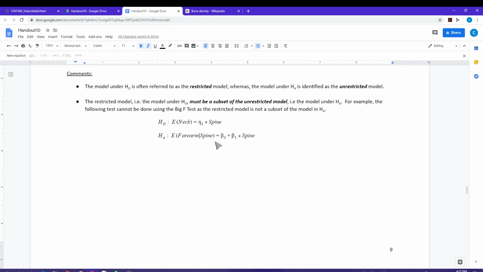These two models are not nested, or the H0 is not a subset of the model under HA. So this test could not be done with the big F test.